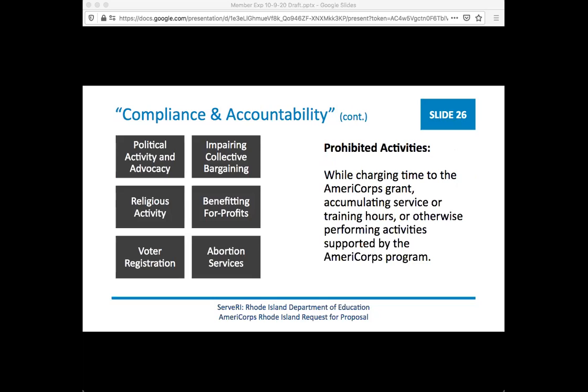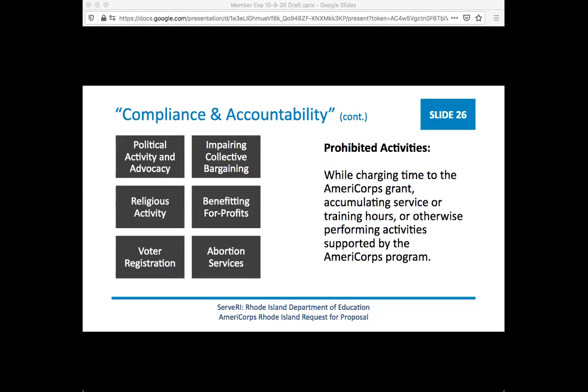in addition to all the general rules and regs, is this idea of prohibited activities. And this in part, I'll just say, has come because AmeriCorps was developed out of legislation and out of compromises that happened at the congressional level.